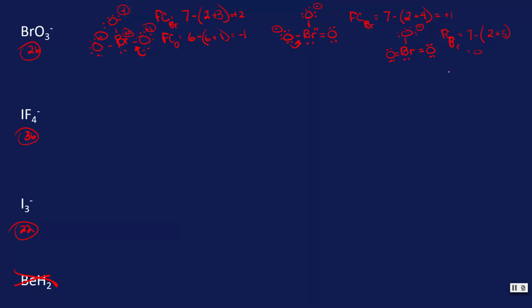So its formal charge is gone. So I have reduced the formal charges down to only 1 minus, which I have to have. This is bromate. But I have, let's see, 2, 4, 6, 8, 10, 12 valence electrons, or 12 electrons surrounding this bromine. That's okay. Bromine is a very big atom.